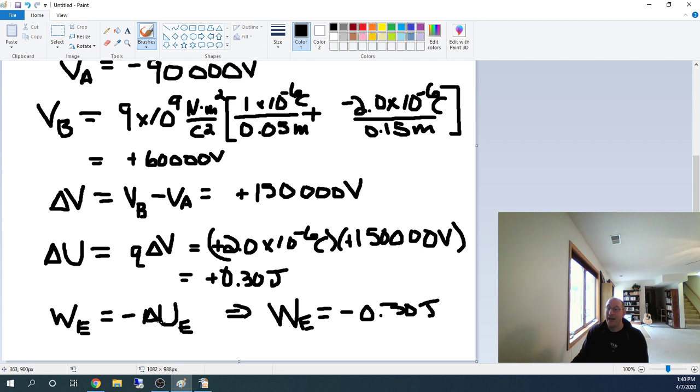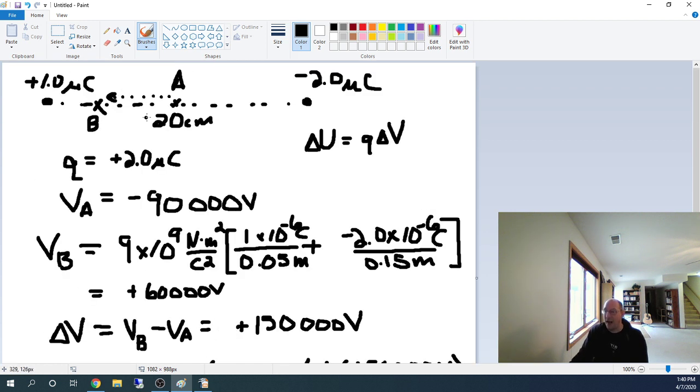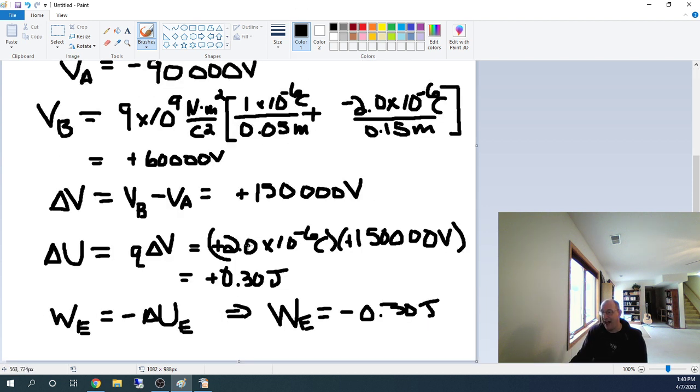Now, that means in order to make this positive charge move from here to here, some external particle probably did work to push that. If it did it at constant speed, the work done by that force would have been 0.30 joules. I would have had to do positive 0.30 joules to make that happen. Then that would have caused an increase in the electrical potential energy because of the negative work done by the electric force.